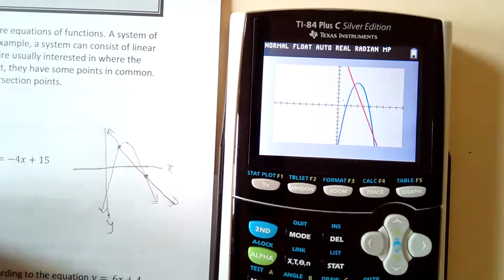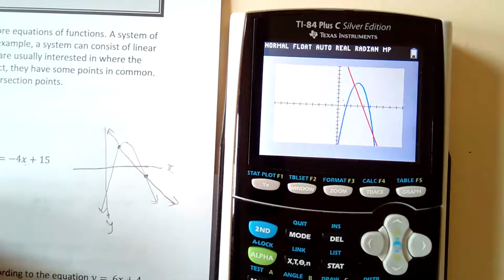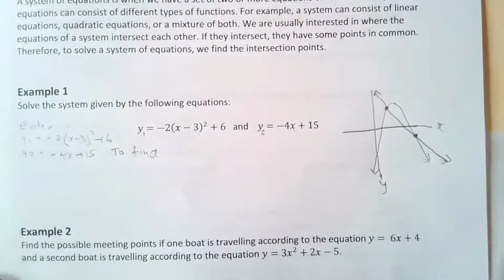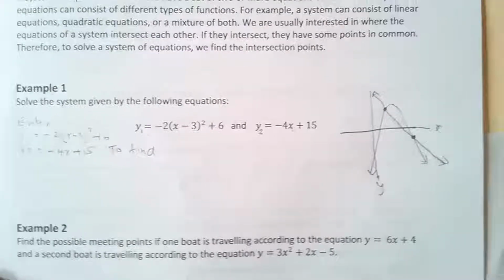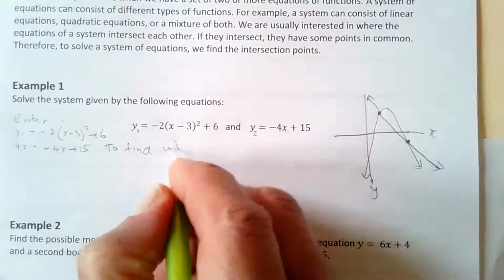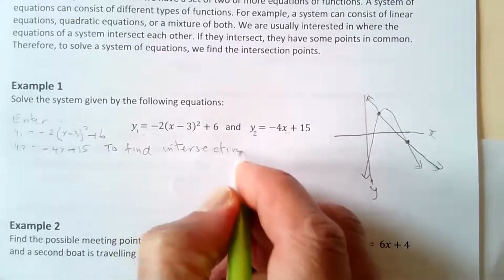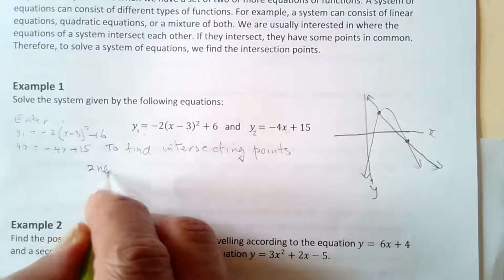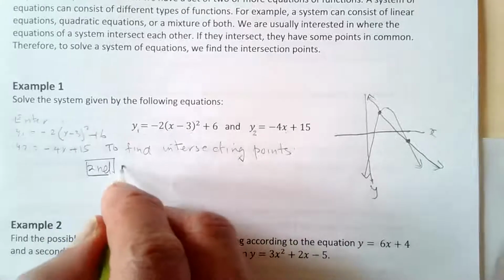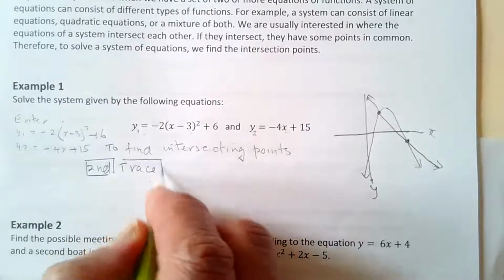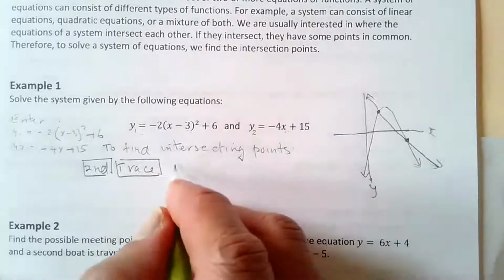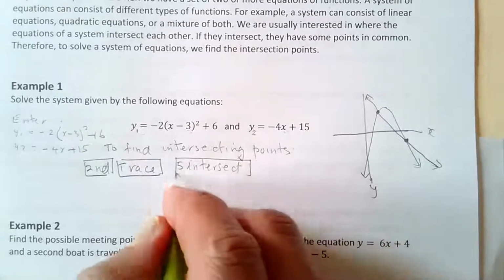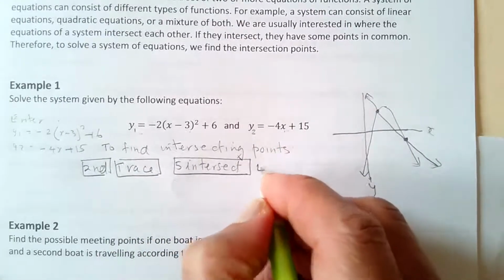To find the intersecting point, press second, trace, then go to number 5, intersect, and press enter 3 times.